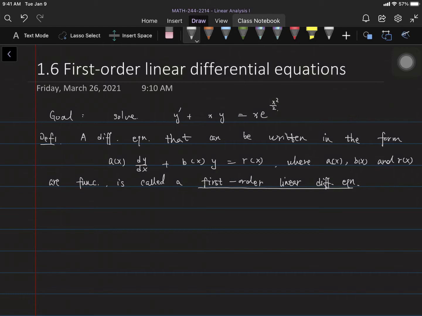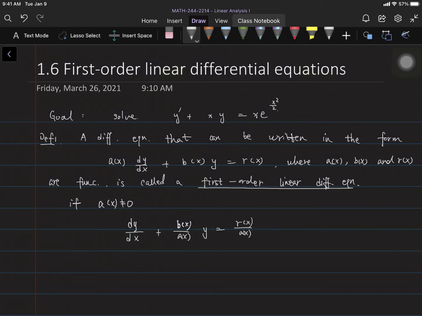Now, if we take a look at the function a(x), if a(x) is not zero, we can divide this equation by a(x), and we can simplify. We just divide by the coefficient of dy/dx, and right now it's b(x) over a(x) times y equals r(x) over a(x).